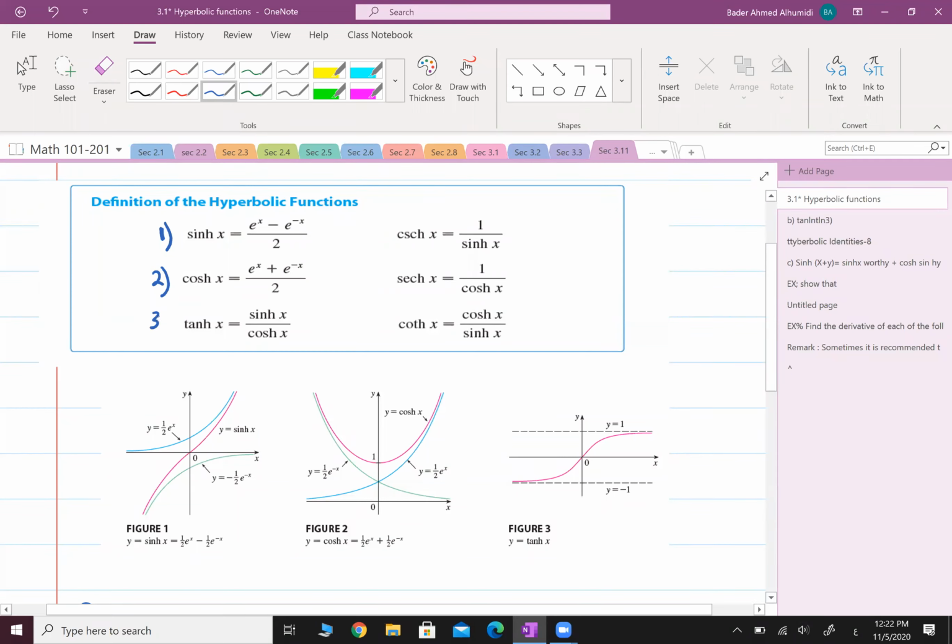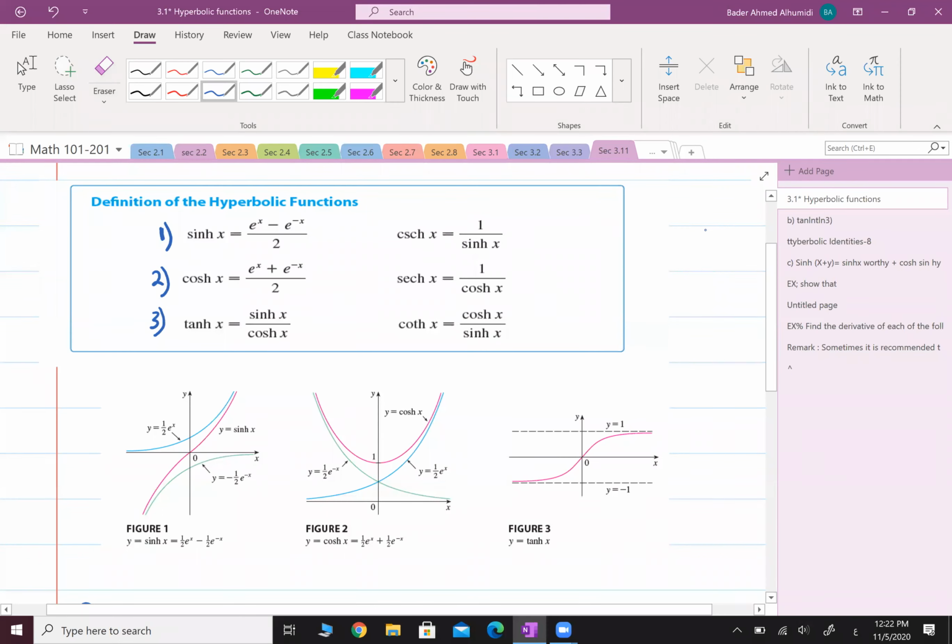Number 3, they take the hyperbolic sine and the hyperbolic cosine and divide them by each other, and they get the formula for hyperbolic tangent. Hyperbolic tangent becomes e to the x minus e to the power minus x divided by e to the x plus e to the power minus x. These are the fundamental functions, the basic functions.